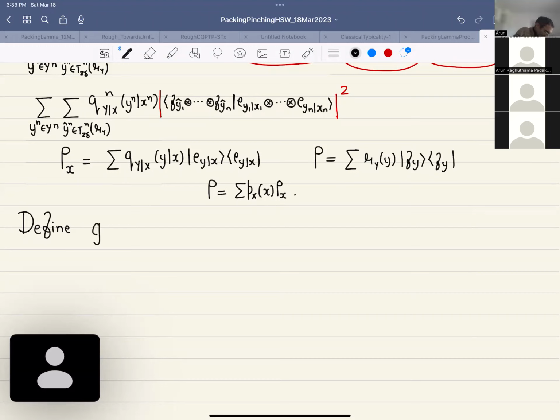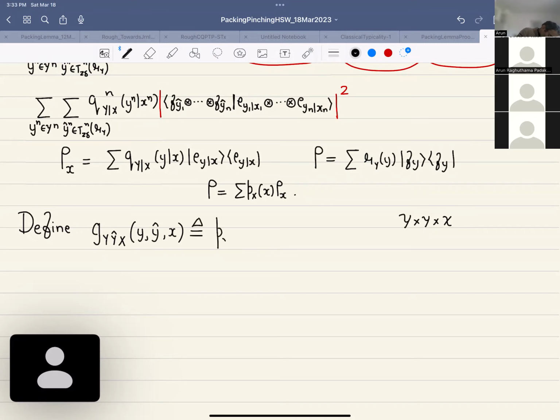Don't get confused with the unconventional use of the letter G, but let's say G. I'm going to define a new distribution on y cross x, and it will be denoted as G of y hat, x. So what is this distribution? I'm giving you a distribution.